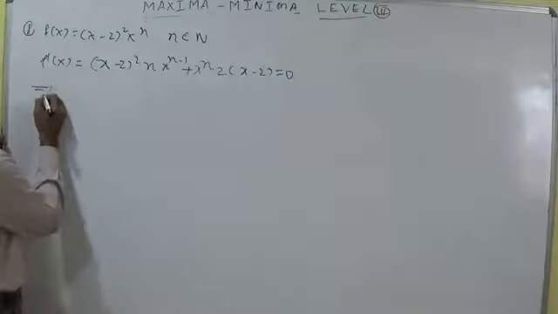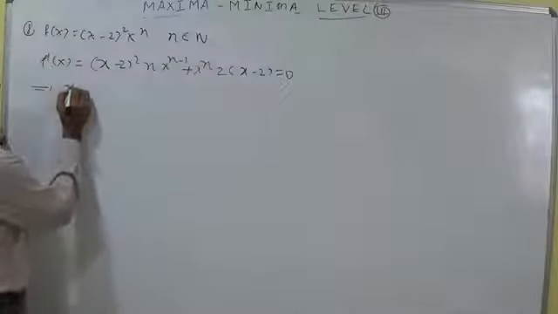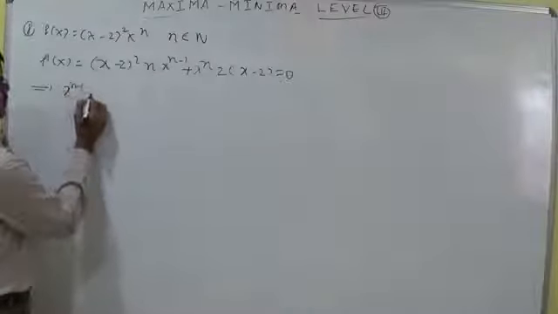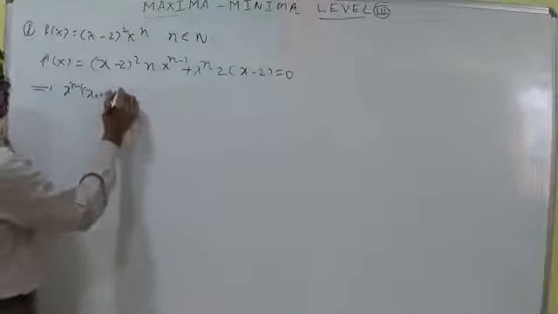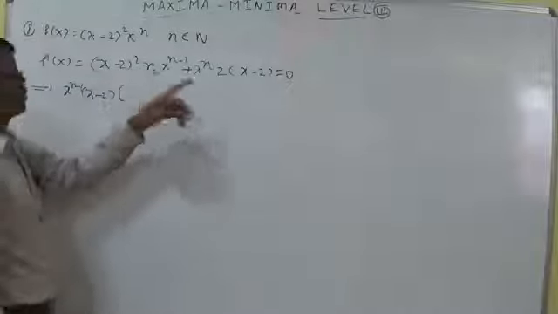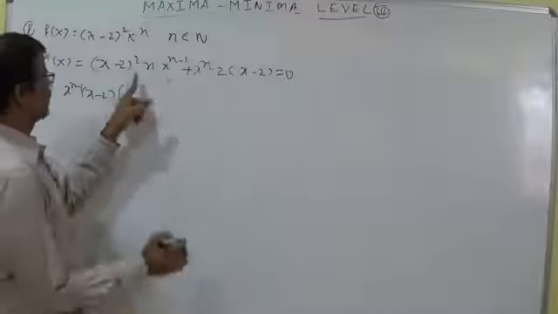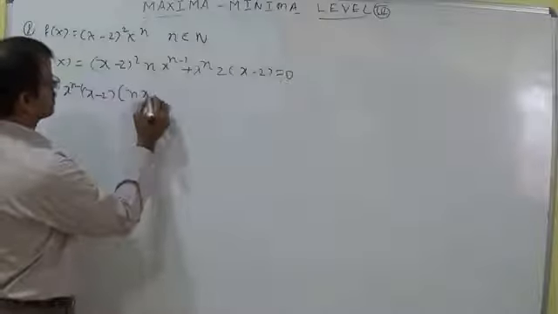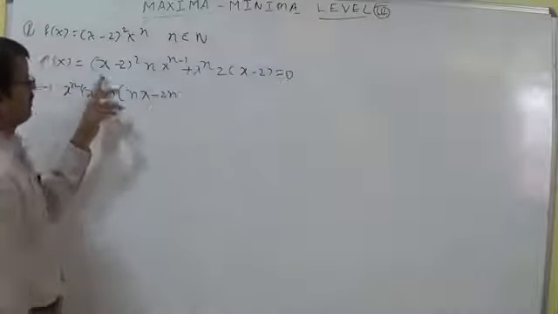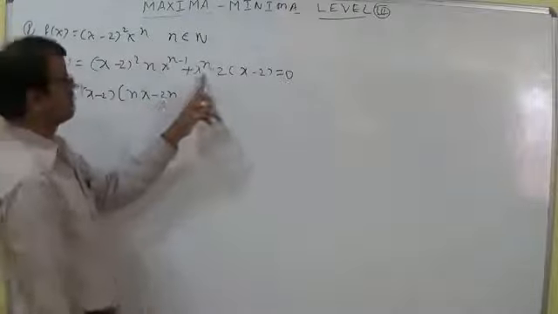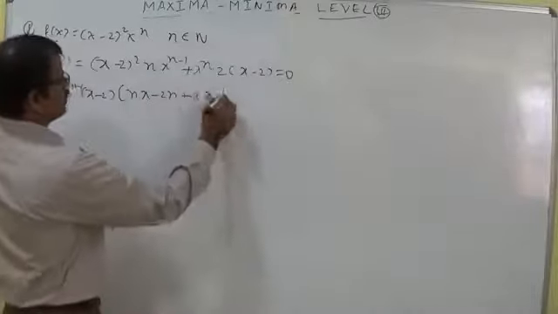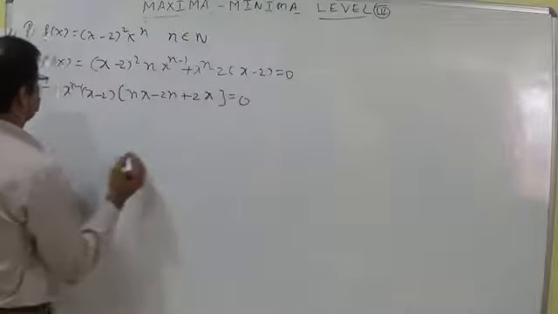That implies here you can take common x power n minus 1 into x minus 2. Taking x minus 2 common, n x minus 2n plus 2x is equal to 0.